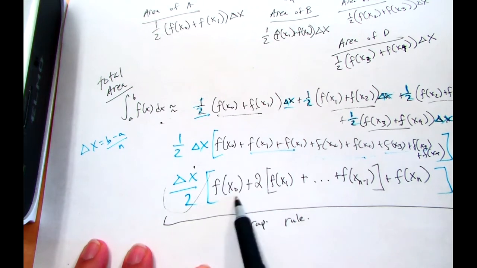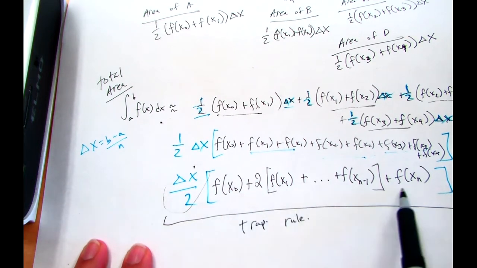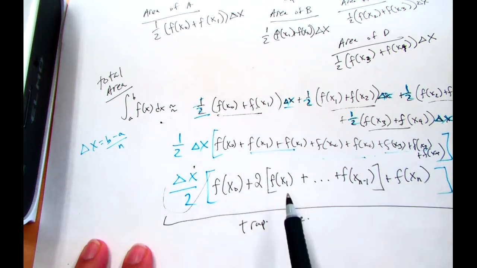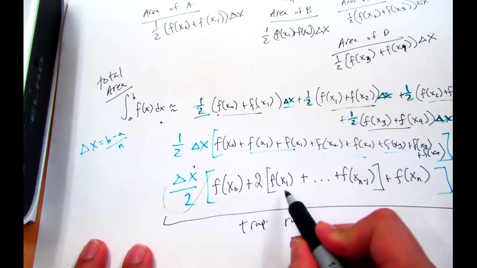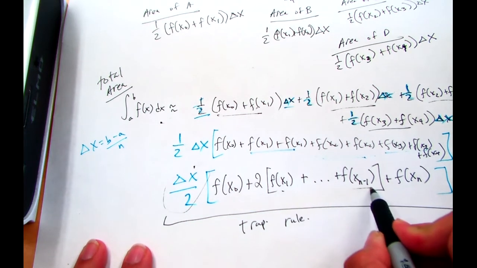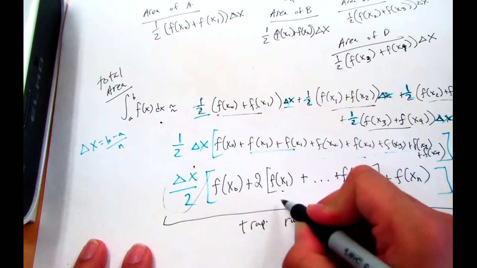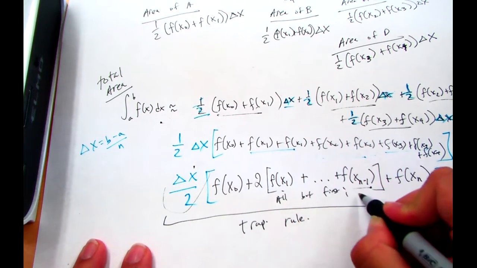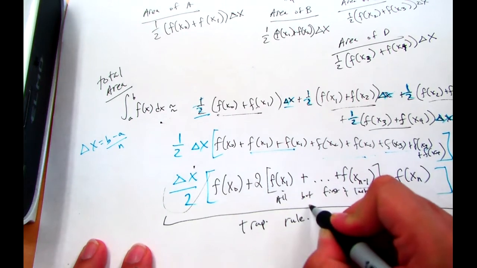So the first base only belongs to the leftmost shape, the last base only belongs to the rightmost shape, everything else overlaps. It's kind of like a shared wall between two apartments or dorms. So f of x1 all the way up to the next to the last one gets used twice.